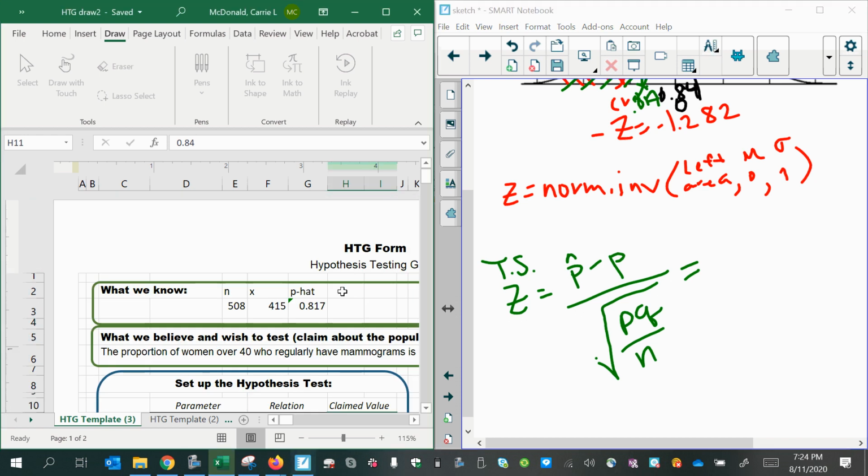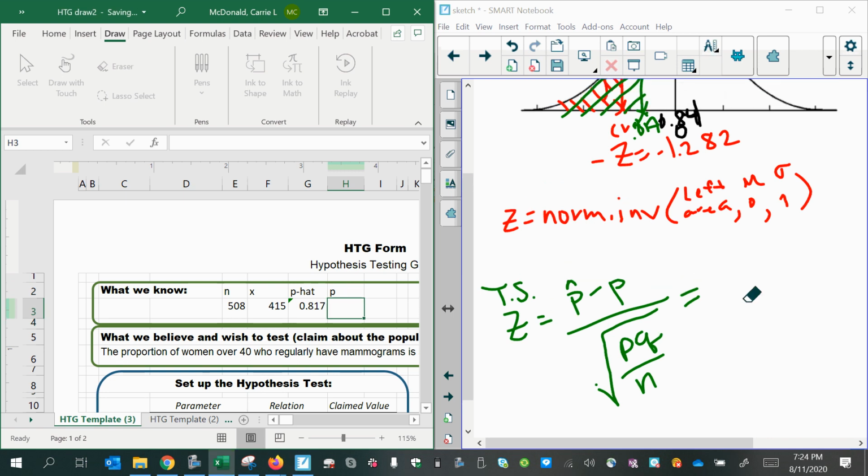So we'll do it here. If P is claimed to be 0.84, then Q would be equal to 1 minus P.